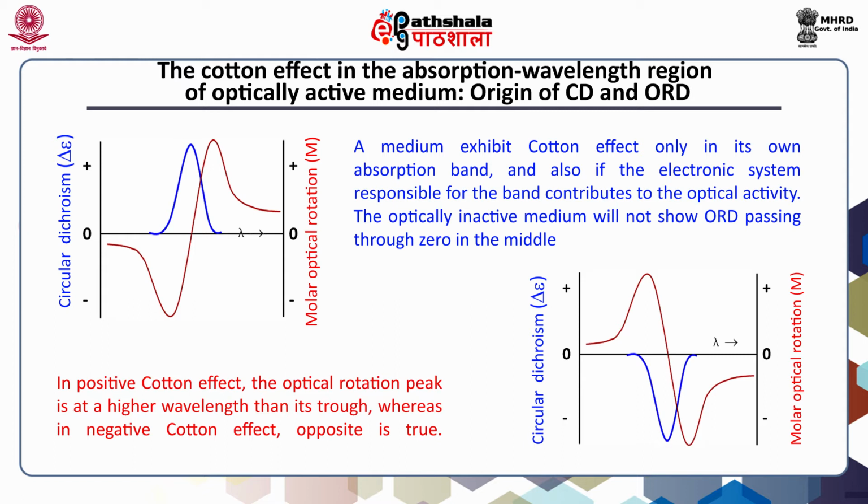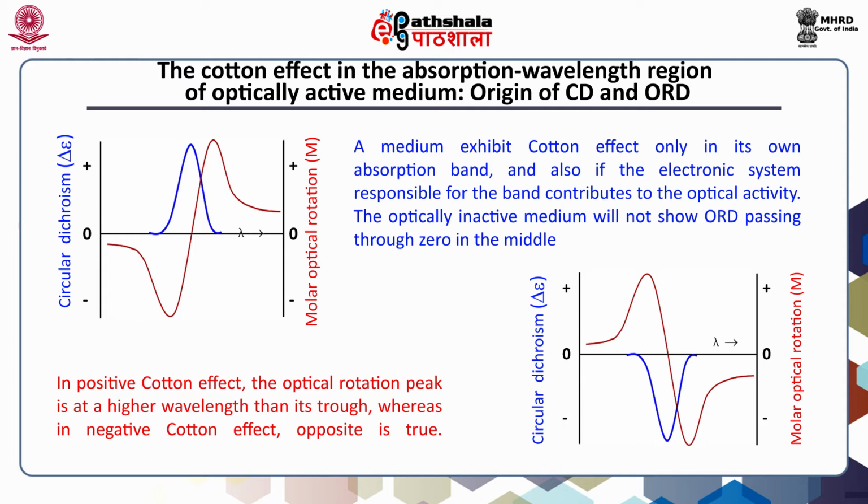CD signals are more sensitive and precise due to the small window of absorption, while ORD is more extended and dispersive, tapering down in a shallow manner from the center of the absorbance peak, as you can see in both figures.